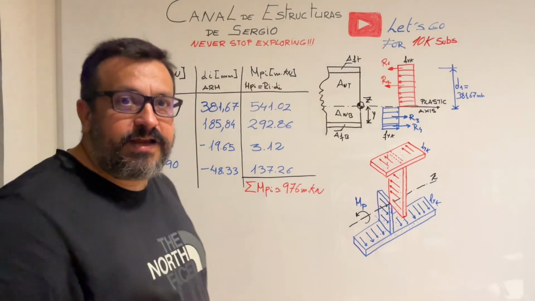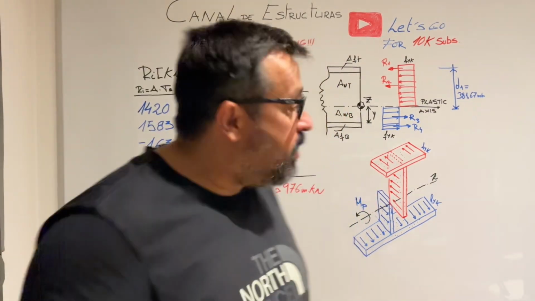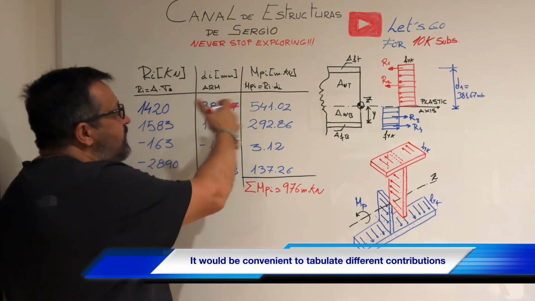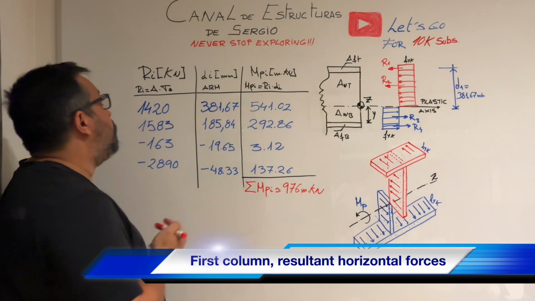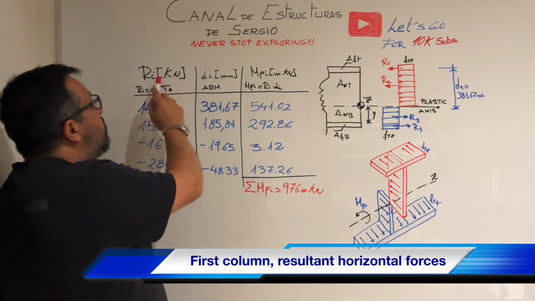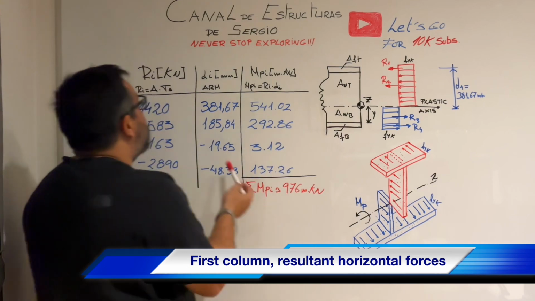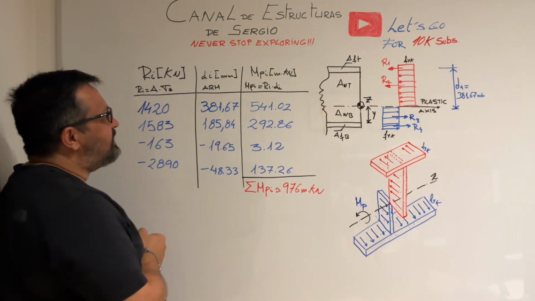In order to get the final value for the plastic bending moment of the cross-section, we are going to express all the parameters in a tabulated way, as you can see on the blackboard. In the first column we have the resultant forces, that is the area of the different elements of the section multiplied by the steel yield limit.